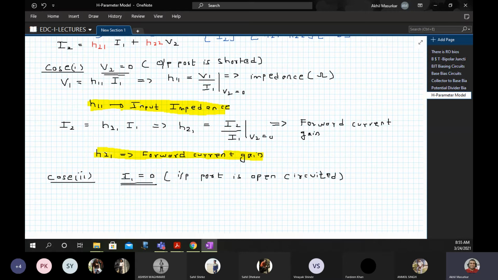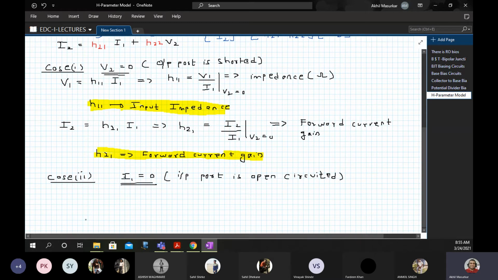So let's try to introspect now what happens. Once you do this, V1 will be equal to H12 V2, which implies H12 is equal to V1 upon V2, when I1 equals 0. So this is nothing but a voltage gain, but it is not output upon input, it is input upon output.